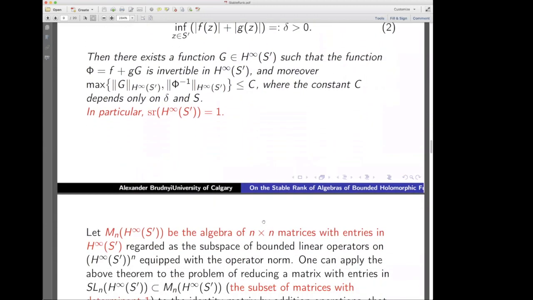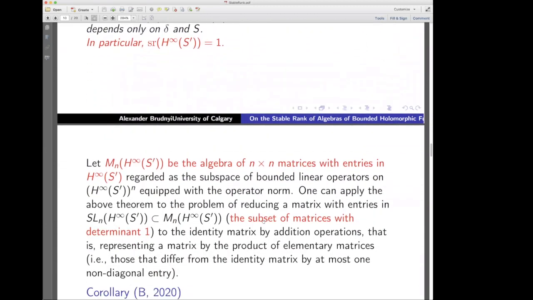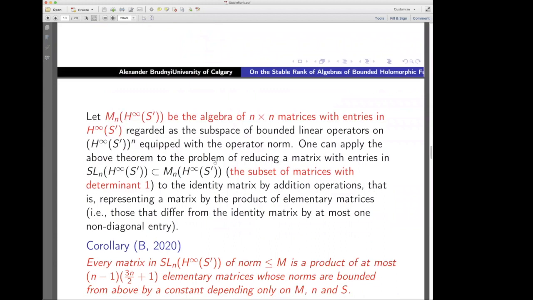So let us denote by M_n(H infinity(S prime)) the algebra of n times n matrices with entries in H infinity(S prime), regarded as a subspace of bounded linear operators on H infinity(S prime) to the power n, and equipped with the operator norm.